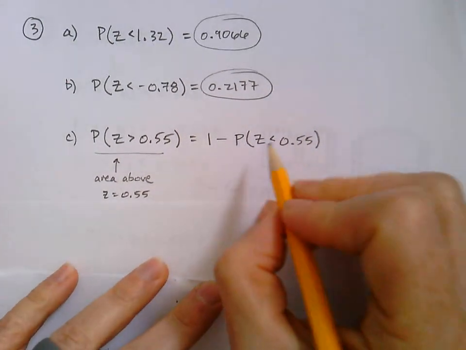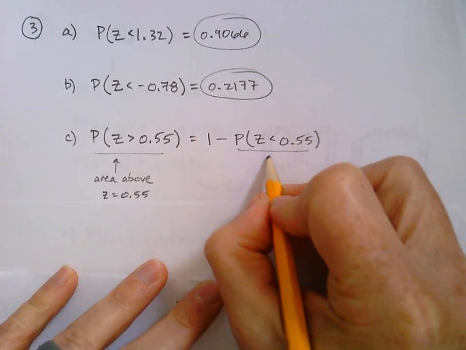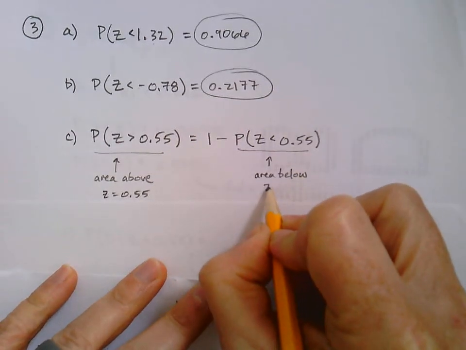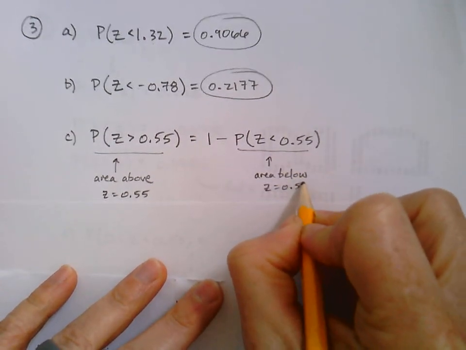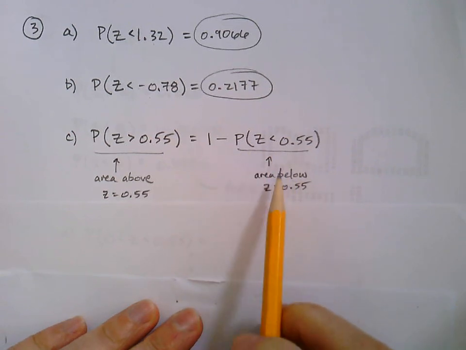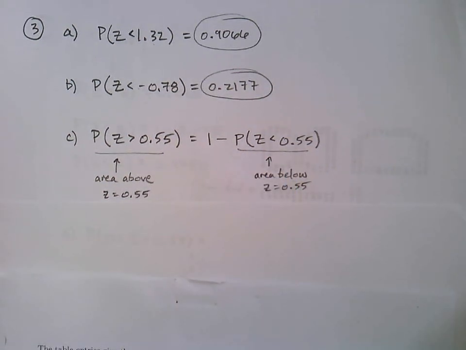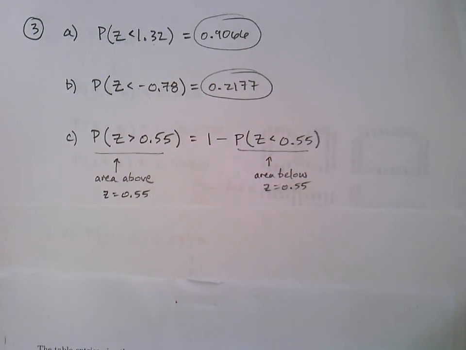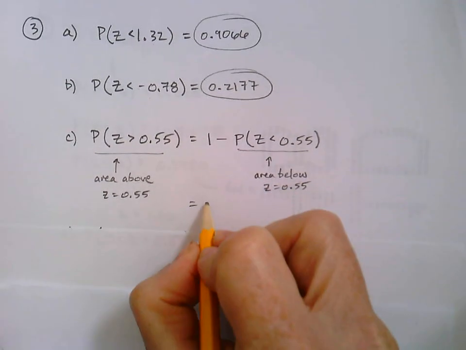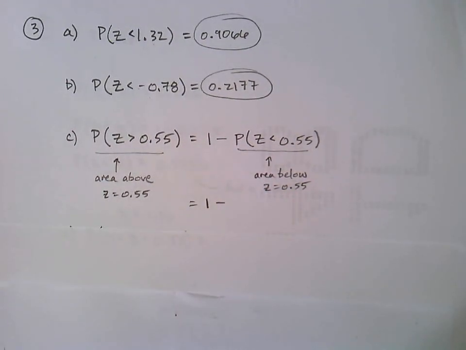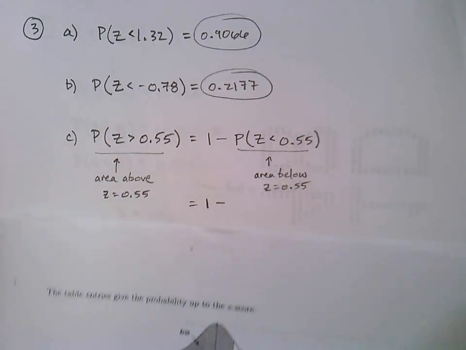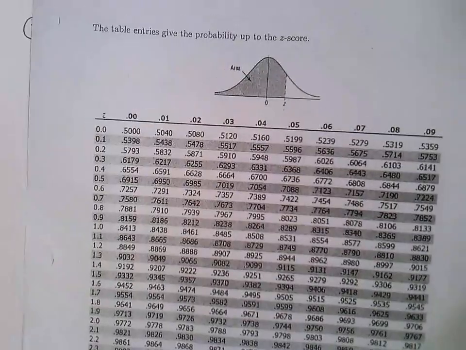We'll find the area below Z equals 0.55. Our table tells us that number. If we subtract it from 1, then we'll have the answer to what they're looking for. Well, what are we going to get? If we look up 0.55 on our table, that's a positive z-score.